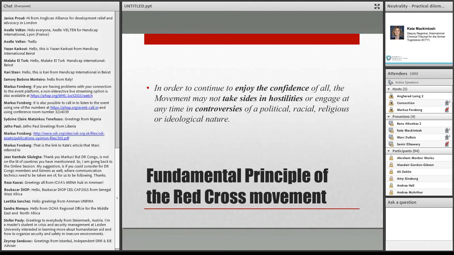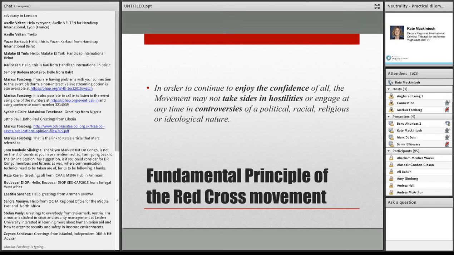Now, Nicaragua alleged that the US was attacking it, or at least taking sides in hostilities against it. Look at the definition of neutrality for a humanitarian organisation. So Nicaragua alleged that the United States was taking sides in hostilities, at the very least, by funding, training and arming the Contra group.